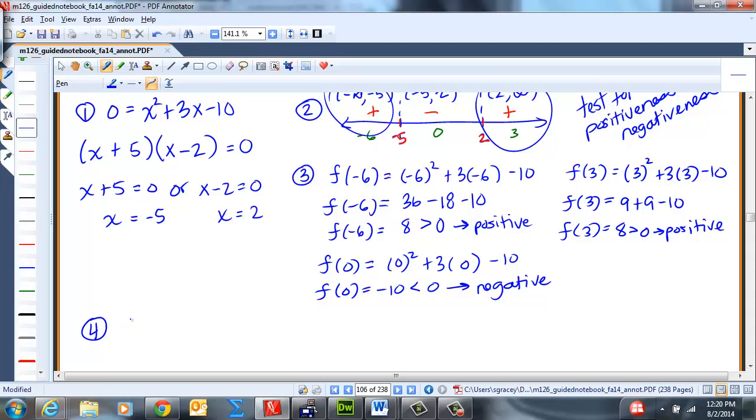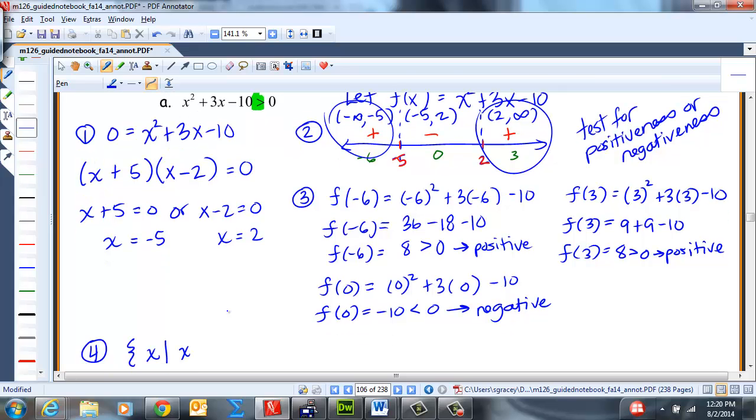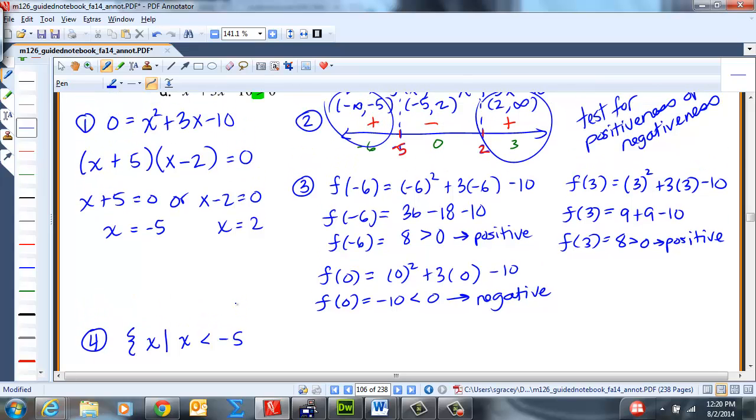So in set notation, you would say x such that x is, now it's only a greater than, not a greater than or equal to, so x is less than negative 5, because minus infinity to minus 5 means x is to the left of negative 5, or x is greater than 2.